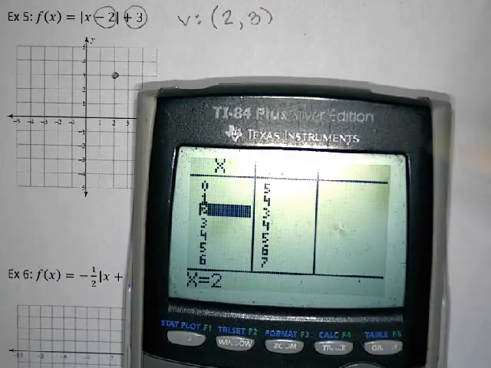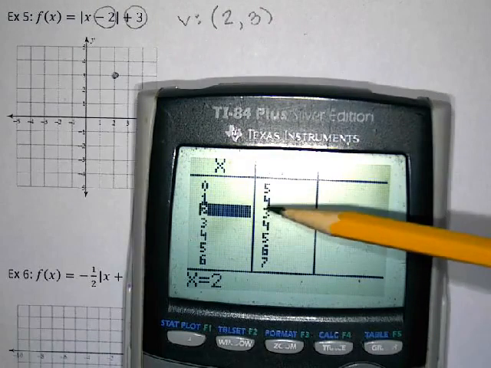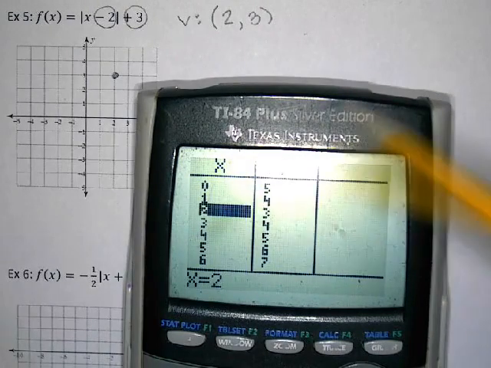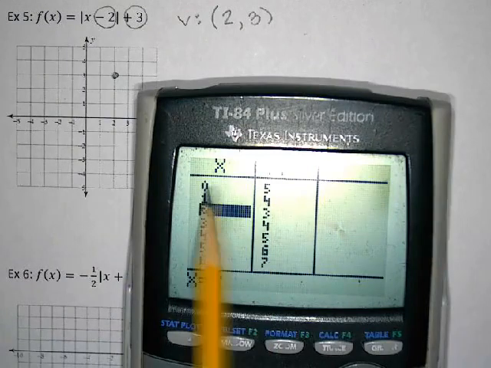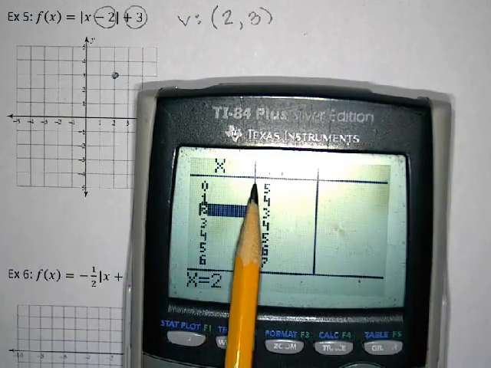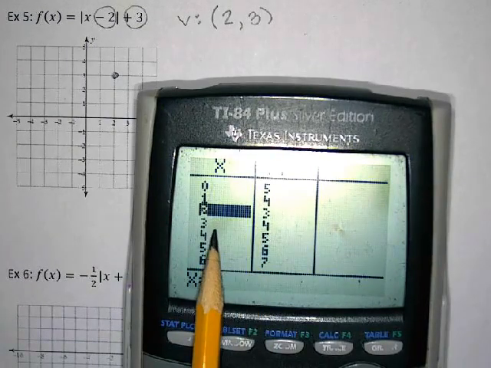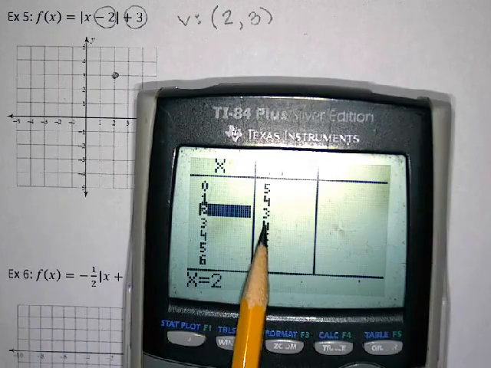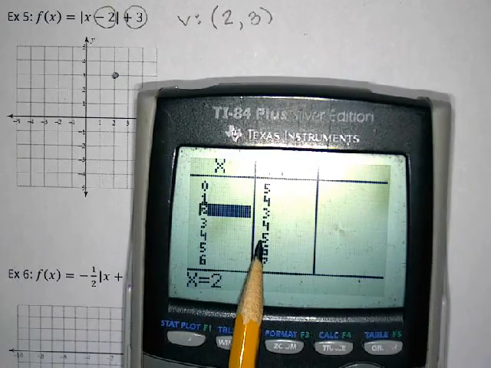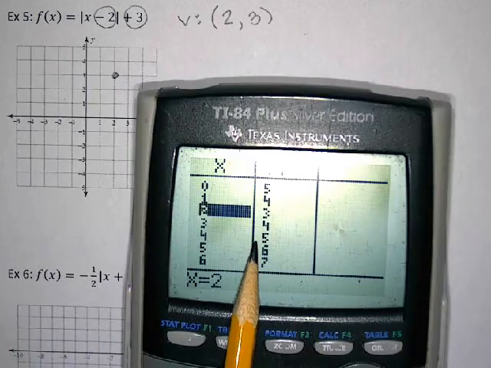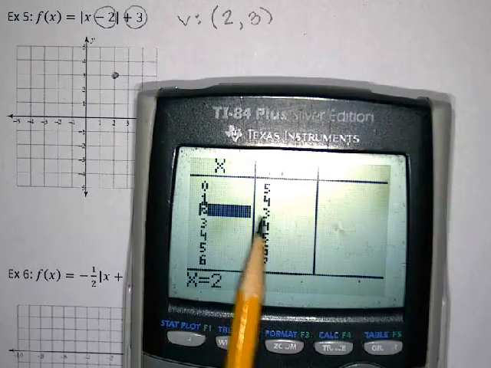So now to be able to graph this fully, I'm going to graph 2 points on the left side. So I'm going to graph the point 1, 4, and 0, 5. And then I'm going to graph 2 points on the right side. 3, 4, and 4, 5. And that'll give me the whole shape. Okay? So 2, 3 was the vertex in the middle. 2 points on the left side. 2 points on the right side.